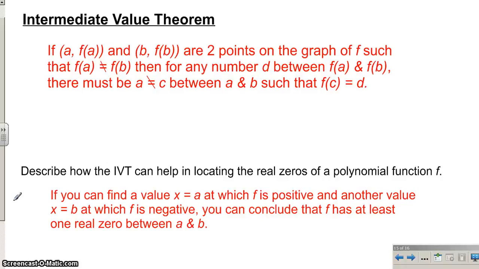The intermediate value theorem says that if you have 2 points on a graph such that the y values, the solutions of your function when plugging in a and b, are not equal, then for any number, let's call it d, between those 2 y values, there must be a value c that is not equal to a or b as well.